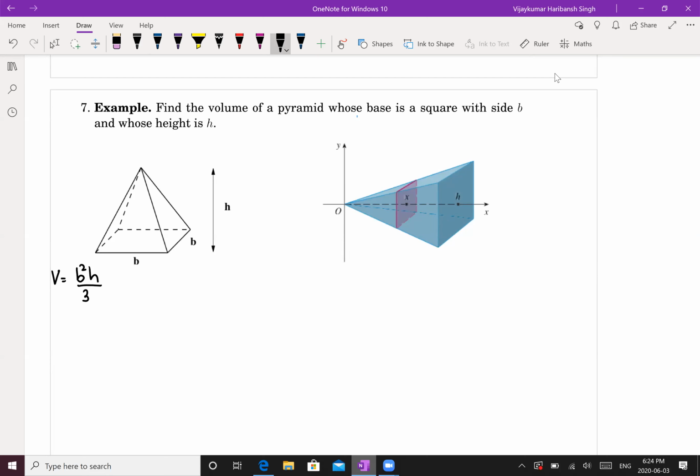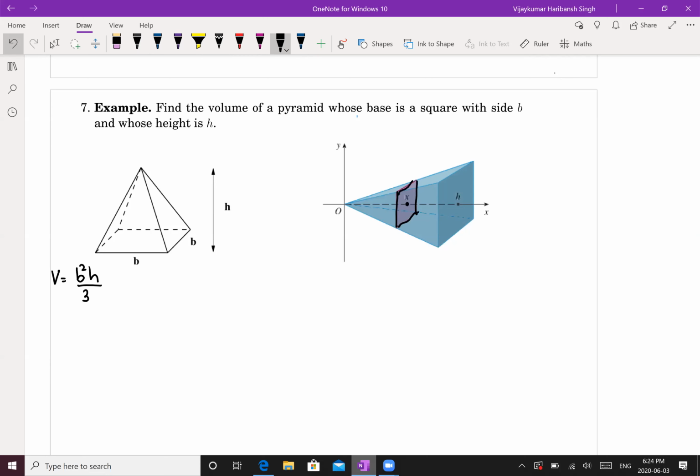So let's see whether our new method of computing it agrees with that. To make the cross-sectional area look nice, we'll turn the solid around and place it like that. Now, on top of x, we need to find out what is the area of this cross-section.